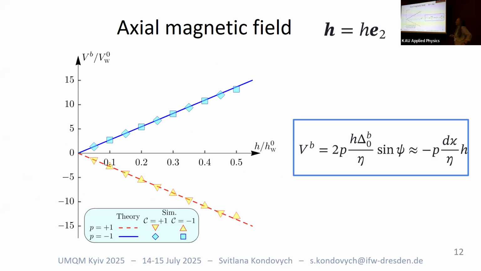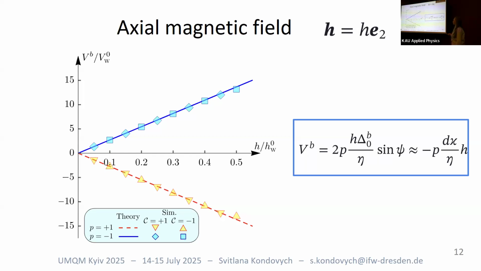Another situation to consider is the case of axial magnetic field. Since the ground state of magnetization is tilted, it's also possible that it interacts with the axial magnetic field. But in this case, we observe no chiral effects.